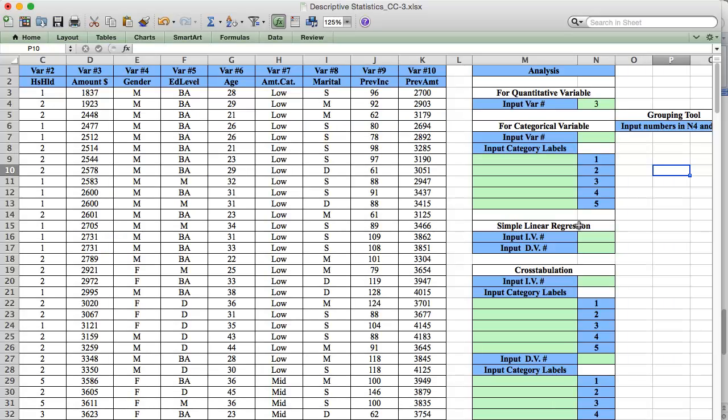So continuing my group mean analysis, the dependent variable, number 3, doesn't change. What does change is my grouping variable, or my independent variable. So we already did gender. Just changing to variable number 8, which is marital status, now we're telling the Excel tool to group the amount charged data by the category of marital status.